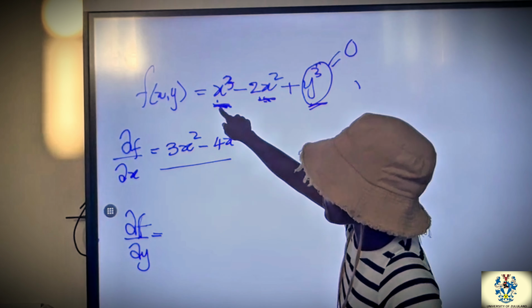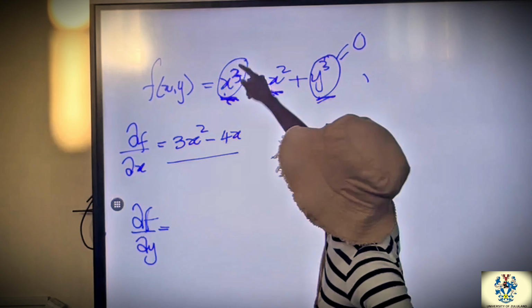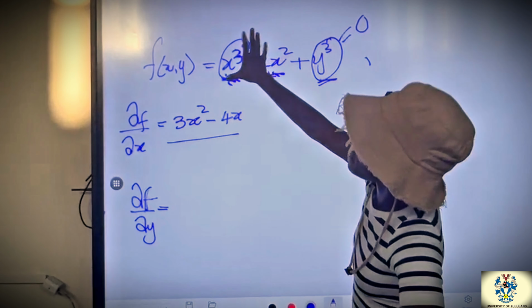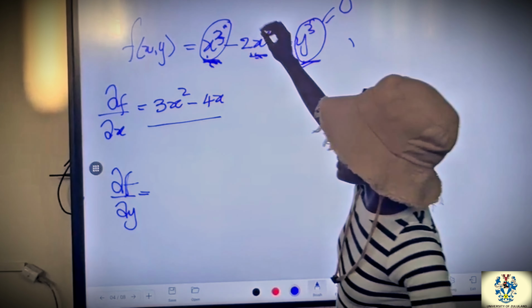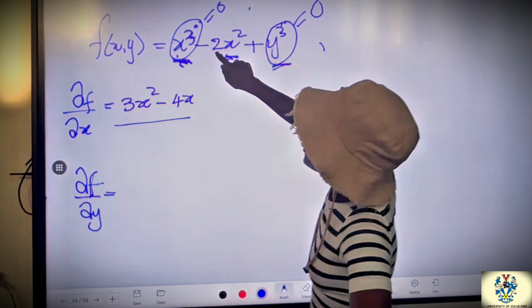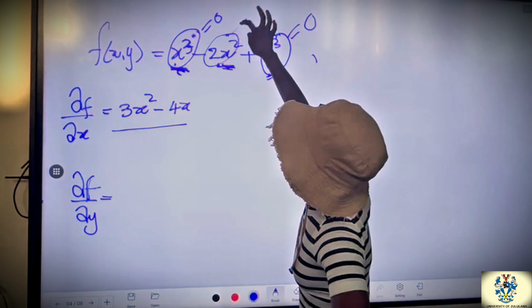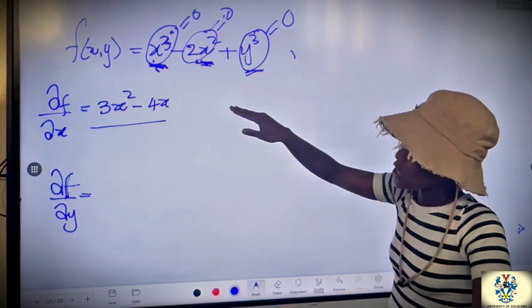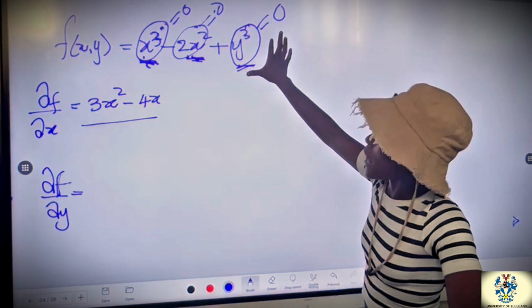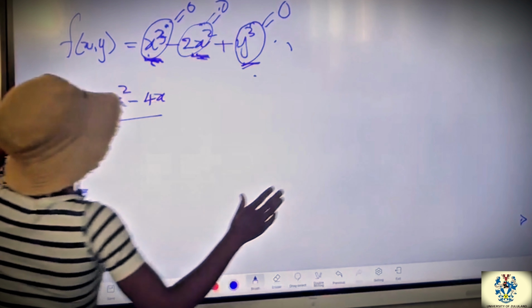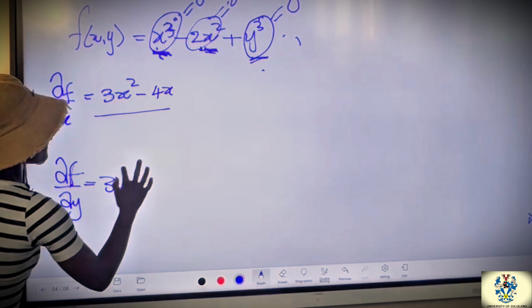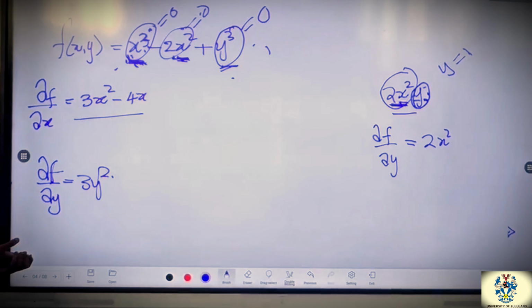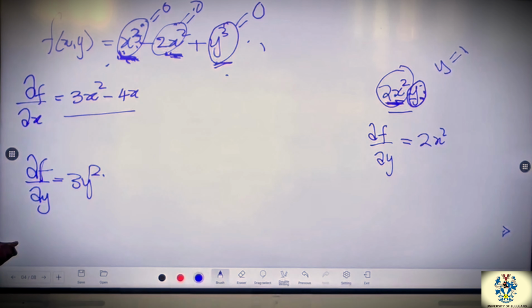We take those terms as constants, and the derivative of a constant is always 0, but only when taking the partial derivative in terms of y. So our partial derivative here is 3y squared.